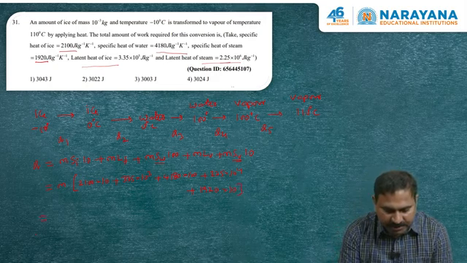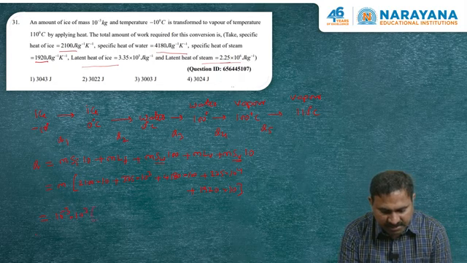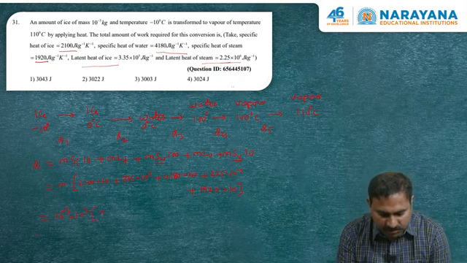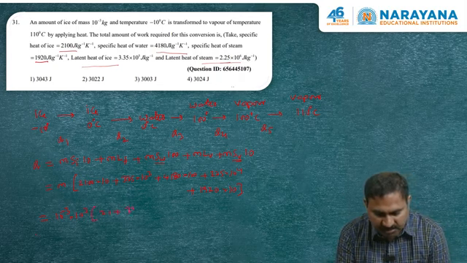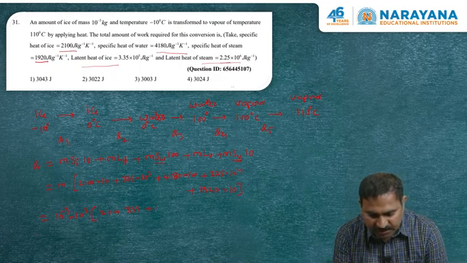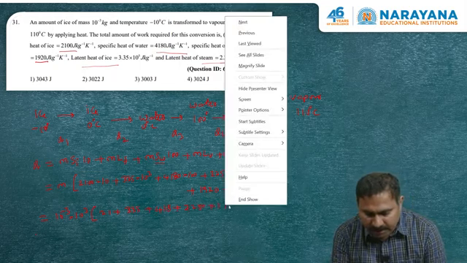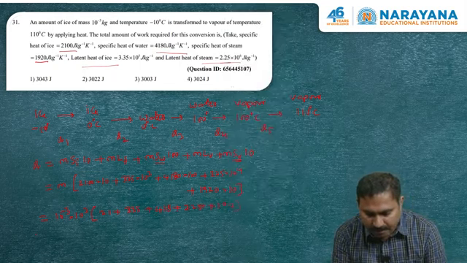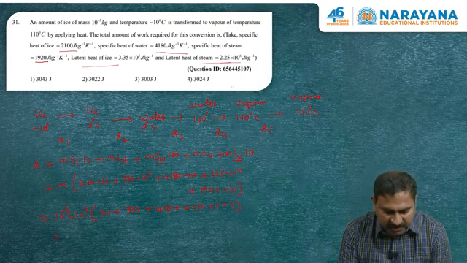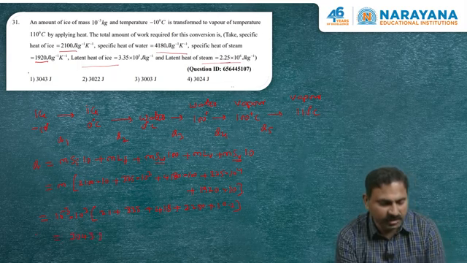So substituting the value of m as 10 power minus 3 and taking 10 power plus 3 common, it comes out to be 21 plus 335 plus 418 plus 2250 plus 19.2 here. Adding all this we will get 3043 joules. So it is given with option 1.